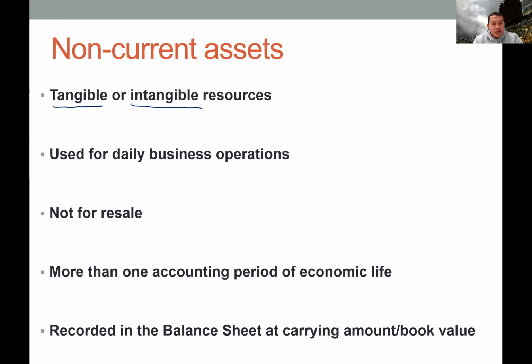The next characteristic is that the company intends to use this asset for their own business operations. If a company purchases a vehicle, they intend to use this vehicle for their own operation, not for renting out to another company, or as an investment asset to generate passive income, or for other purposes.